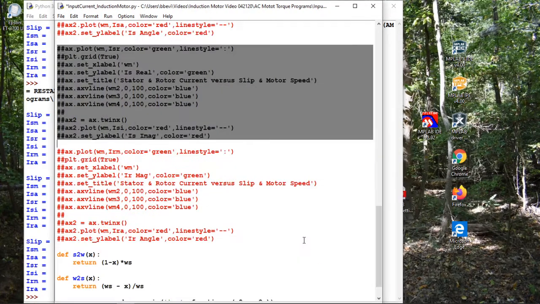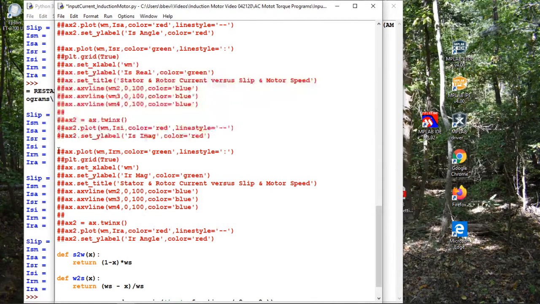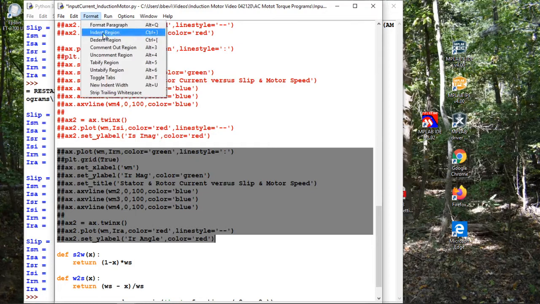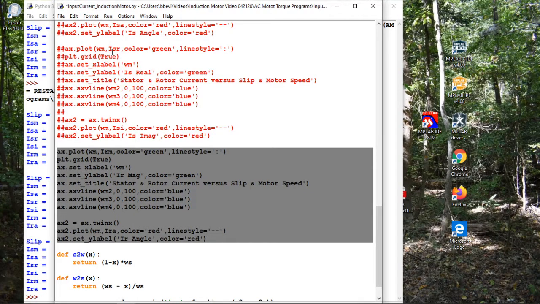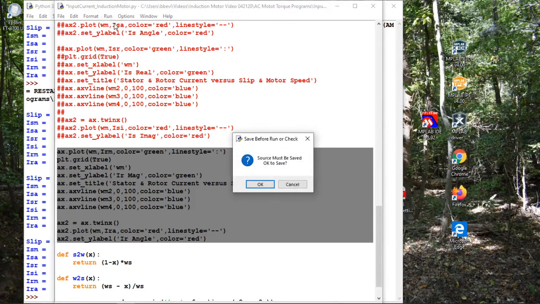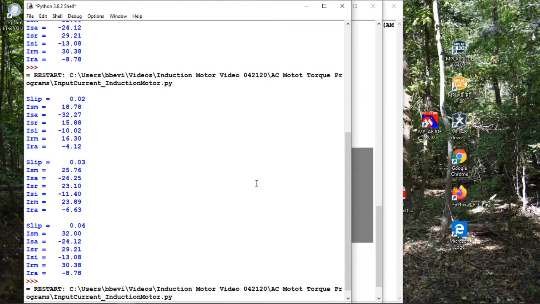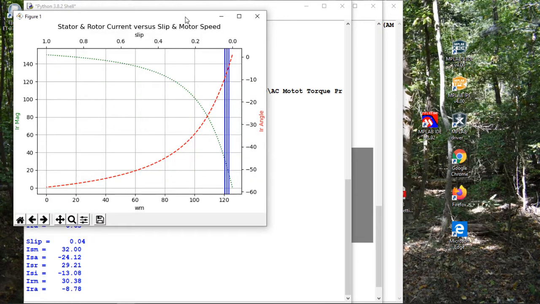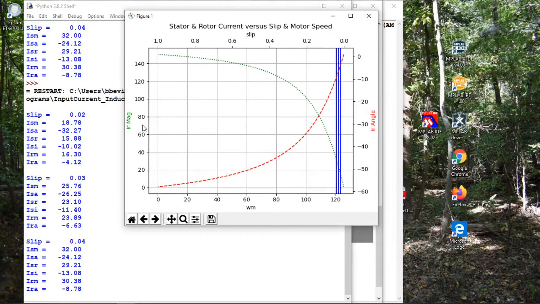Okay, let's go back and comment this back out, and uncomment this, and let's plot. And so here what we're plotting is the actual current that's producing the output power, IR, the magnitude and the angle.